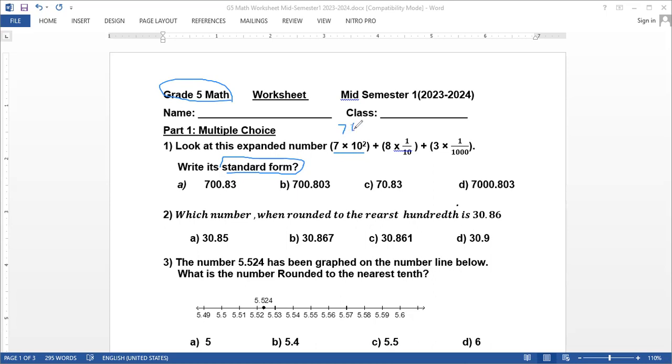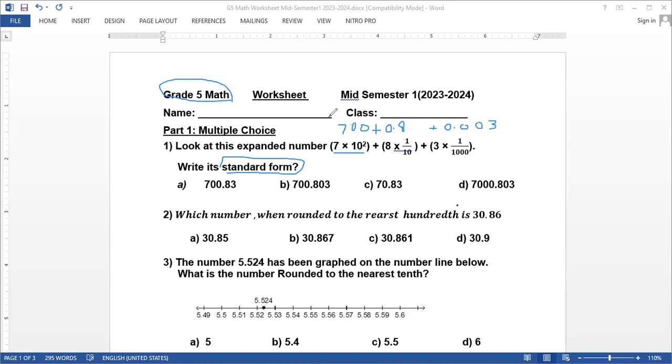Here we have 700. Now the second part is 8 multiplied by 1 over 10, it means 0.8. And here 3 multiplied by 1 over 1000 means 0.003.